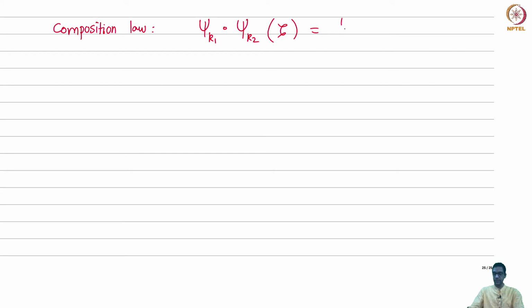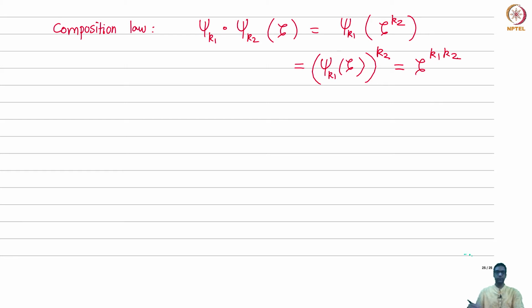So this is psi k1 applied to zeta power k2. Now psi k1 is a field homomorphism, so if I know what it does to zeta, then I just raise that to the power k2. So this is just zeta to the k1 k2.